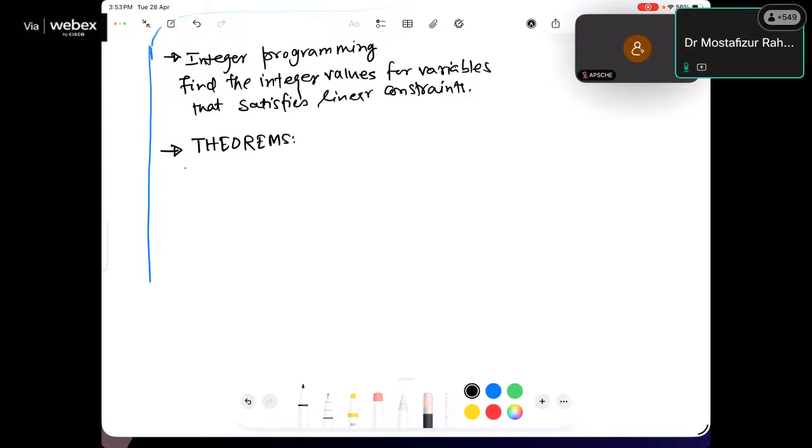And they define it as: decide whether a given logical statement is provable within a formal system.